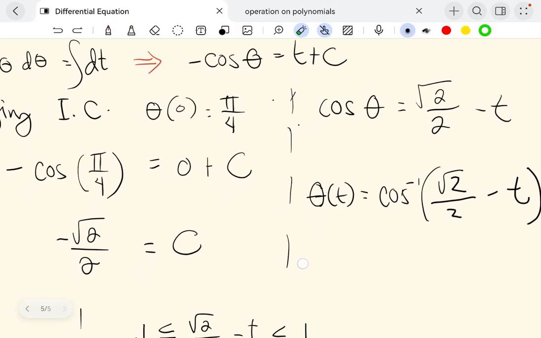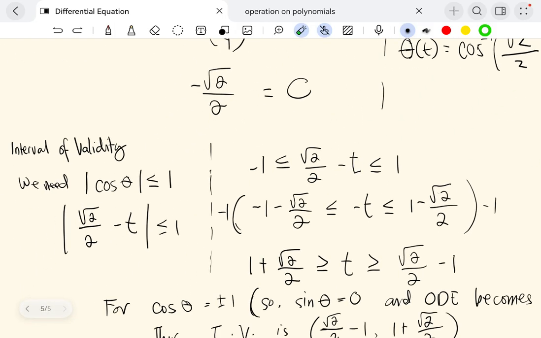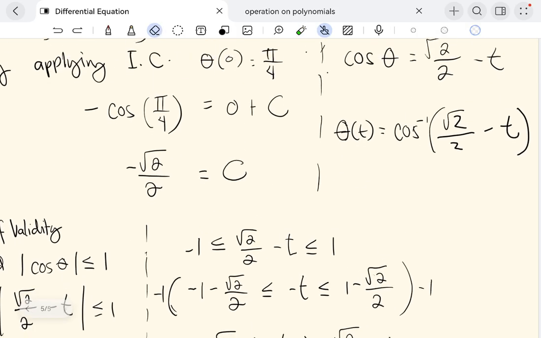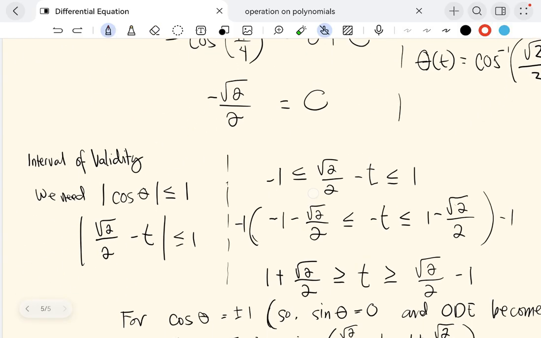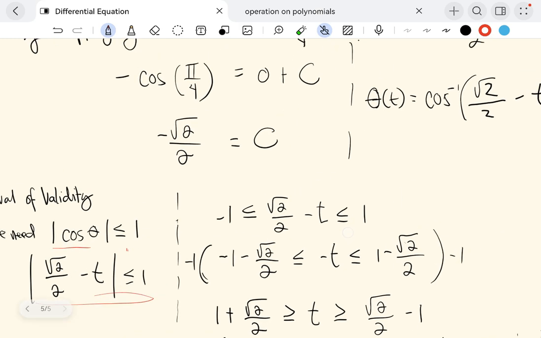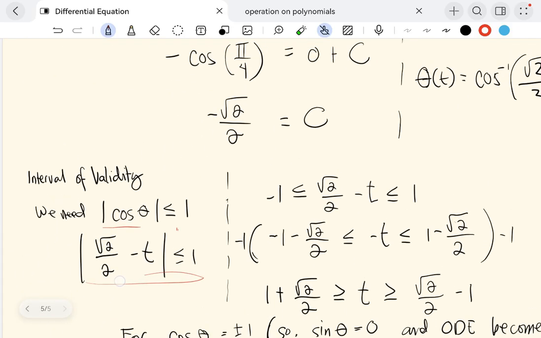Take note that for the interval of validity, this one is the general solution. For the interval of validity, we need this one to be between negative 1 and positive 1, because that's the only range cosine can take, whatever the angle. Cosine came from up here. So we rewrite this one.